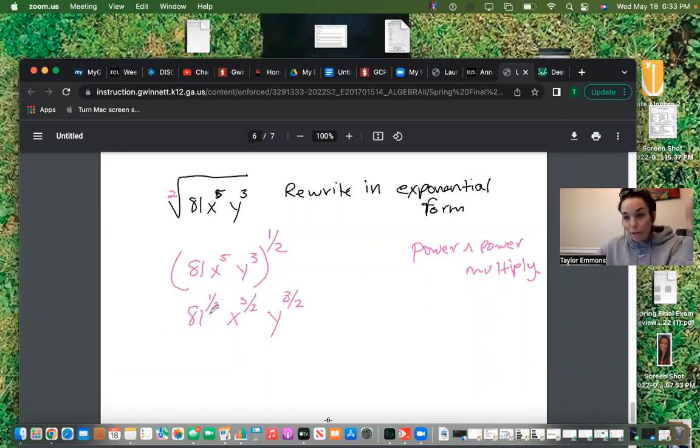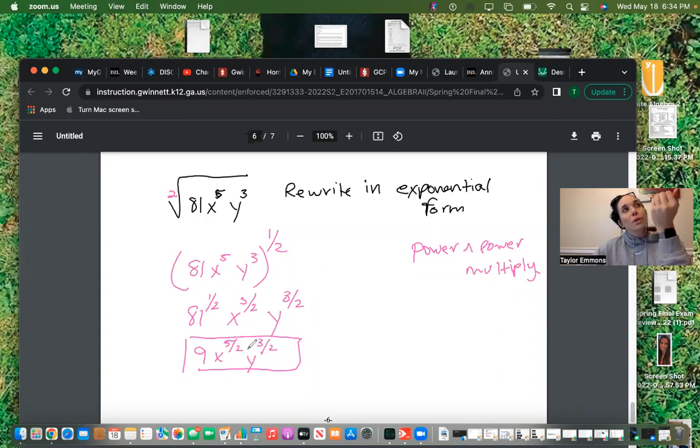So 81 raised to the 1/2 power is just going to give me 9. And we can't simplify these two, so we're just going to leave those alone and write them right here. And that would be my final answer. So again, they would probably ask this like simplify and rewrite it in exponential form.